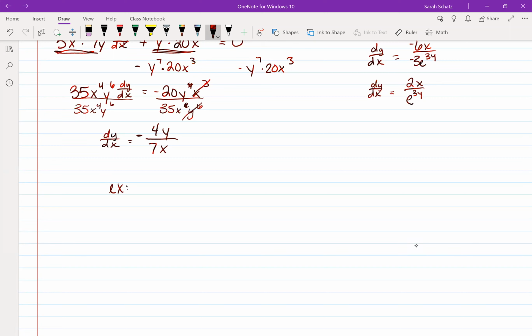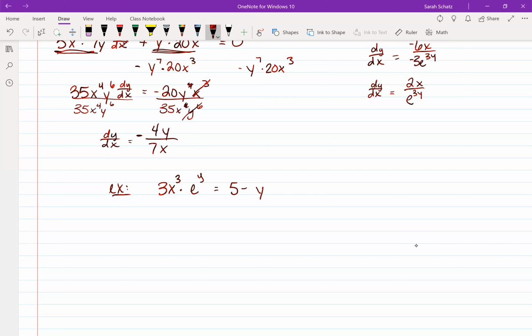So for example, let's do a product rule with, let's do like 3x cubed times e to the y equals, let's put some stuff over here. 5 minus y. Yeah, let's leave it like this.